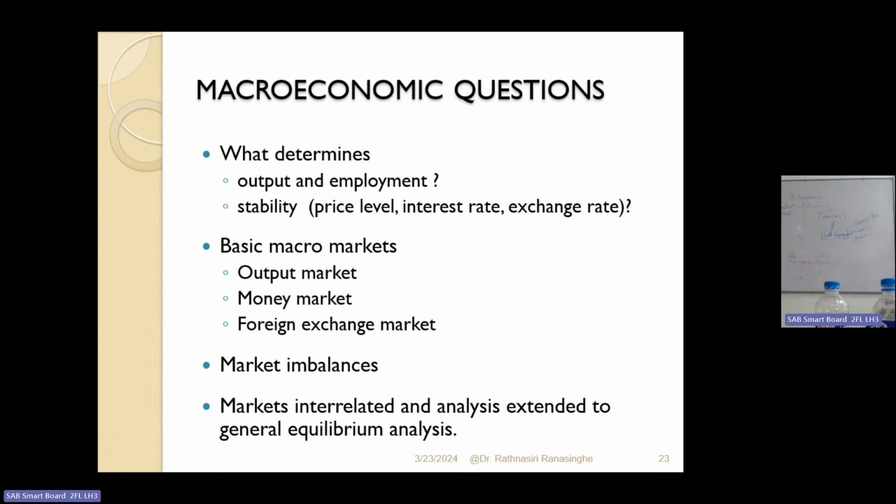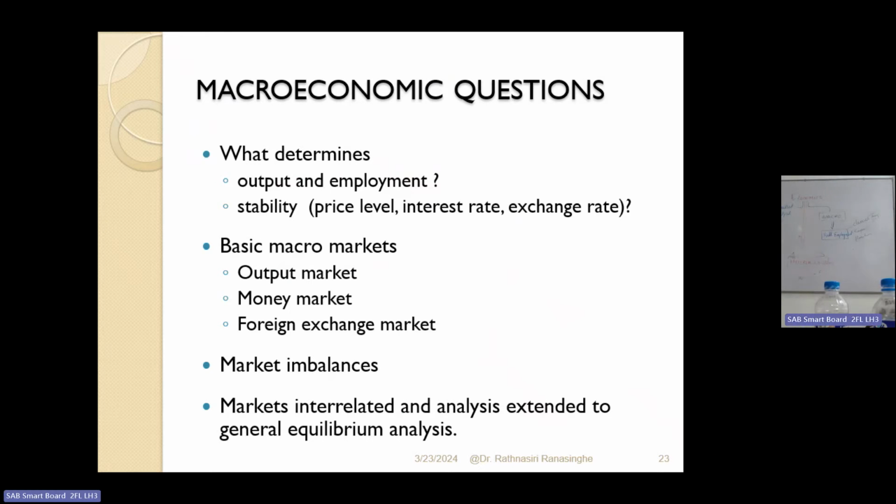Because the determination of output, employment, and price level is associated with the markets. Real and monetary flows occur in the market, right? So we talk about how the price is determined there. So there is real and monetary sector involvement.